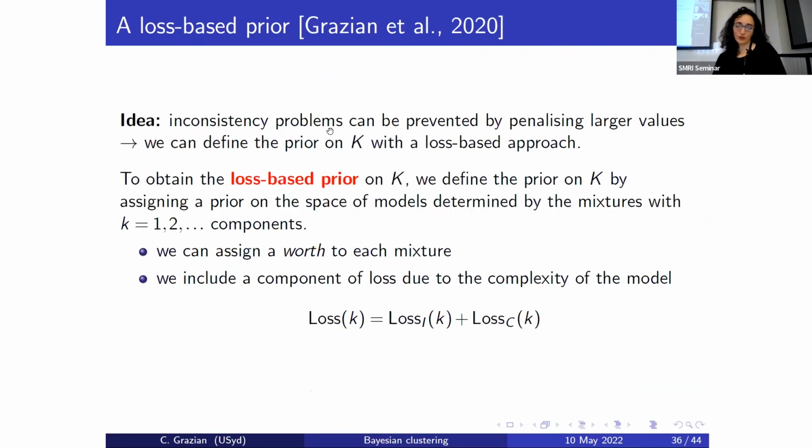We wanted to use an informative loss and a complexity loss. So we wanted a model that was not too complex if data were not supportive of that, and a model that had a loss of information, in the sense that I'm not excluding a possible model with K+1 components if there is evidence that I need one component more than K to describe my data.